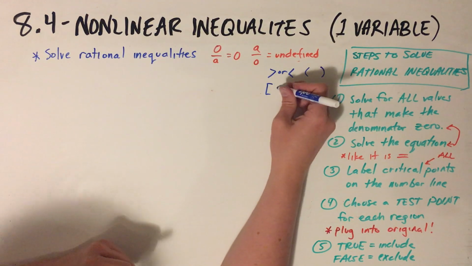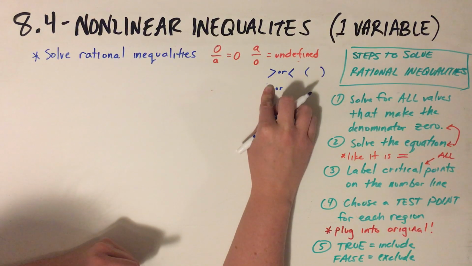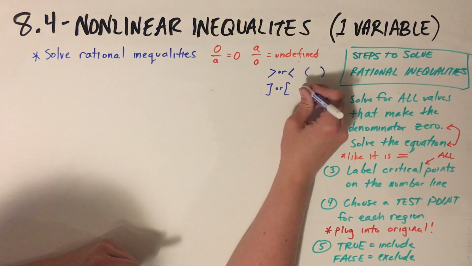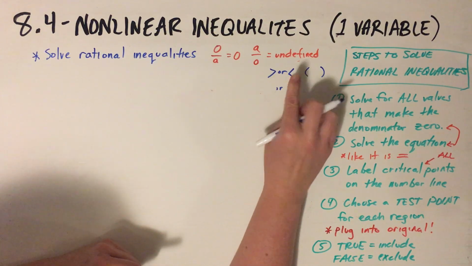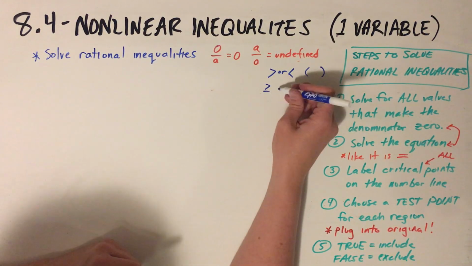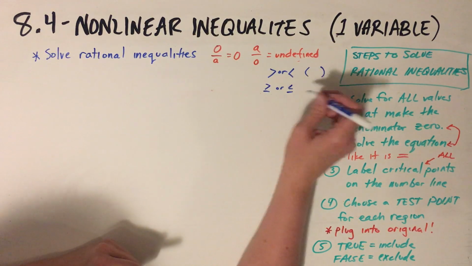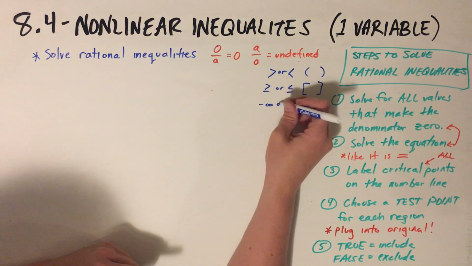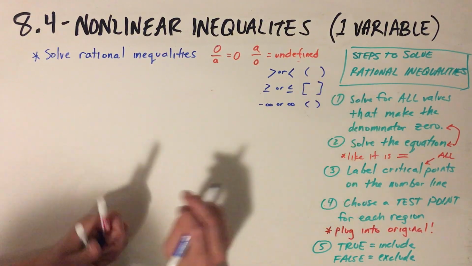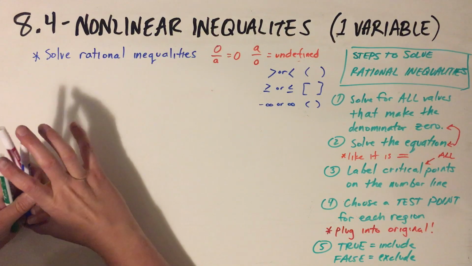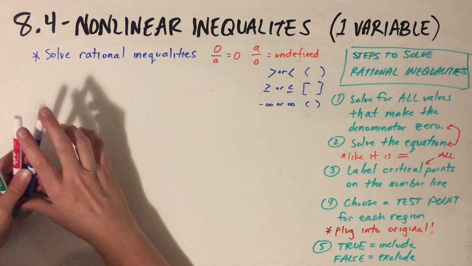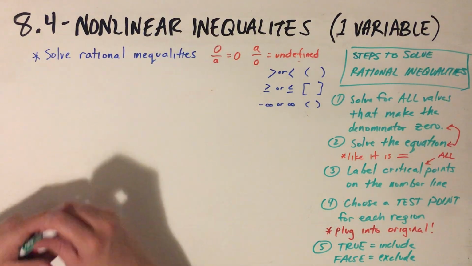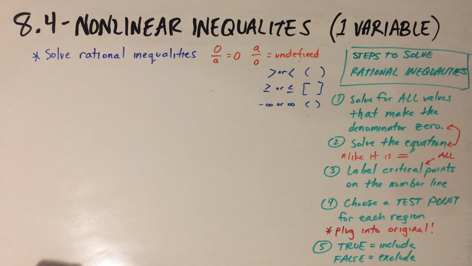And if we have greater than or equal to, or less than or equal to, if there's an equal to part, then this is going to be a bracket. And of course, infinities are also going to be parentheses. So just want to remember that. Also, always plug back into your original, then you don't have to worry about flipping signs or anything else that comes along with inequalities. Okay, so next problem.